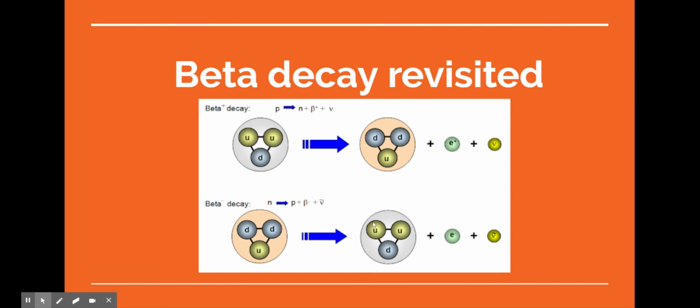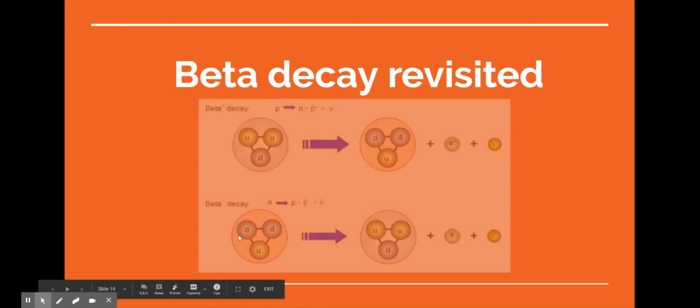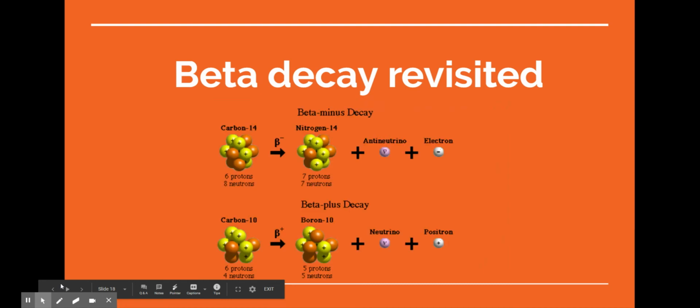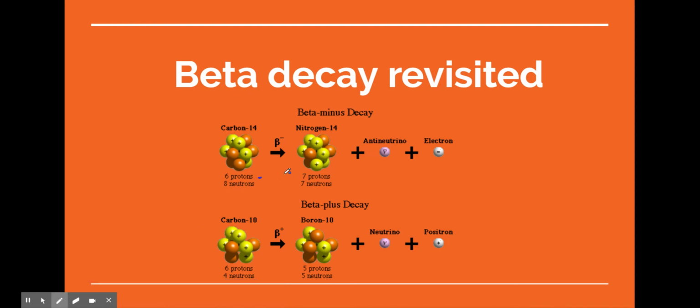If we involve quark theory, we can explain this phenomenon where we seem to be gaining particles and losing particles, but in fact everything works out just right. It's not that these 6 protons magically got a proton.